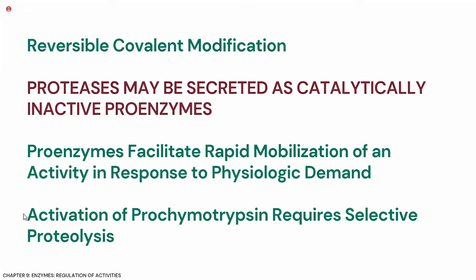These enzymes are secreted from the pancreas in its inactive form, and it is only activated once it gets inside the lumen of the small intestine. They are activated there because they are powerful enzymes.